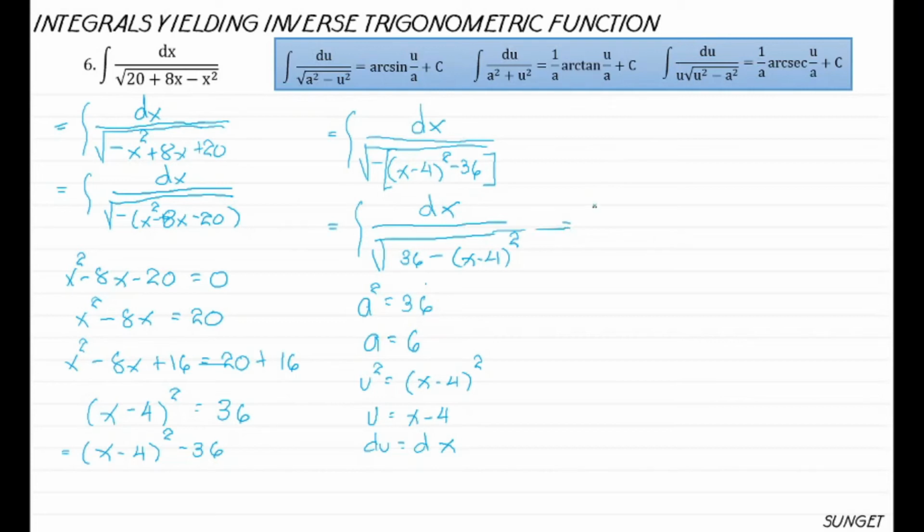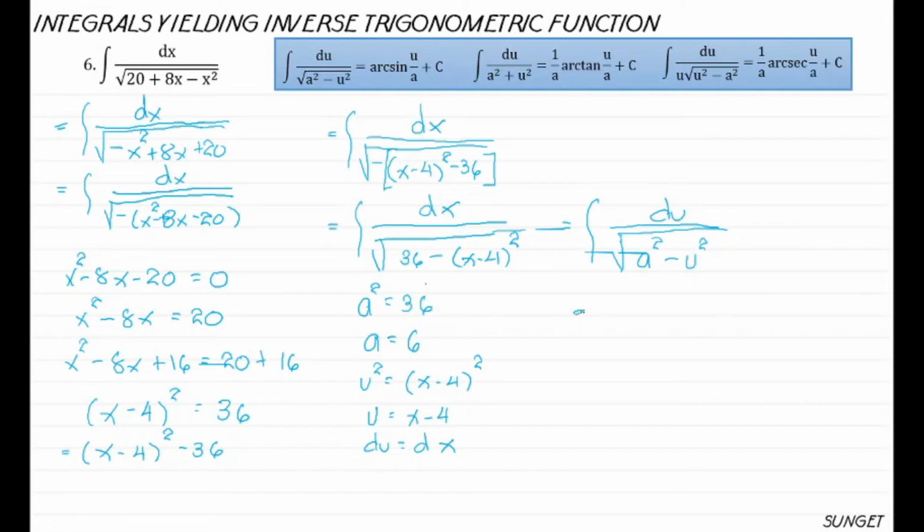Then we have the integral of dx, so that is du over square root of 36, that is a squared, minus x minus 4 squared, so u squared. So integrate du over square root of a squared minus u squared.